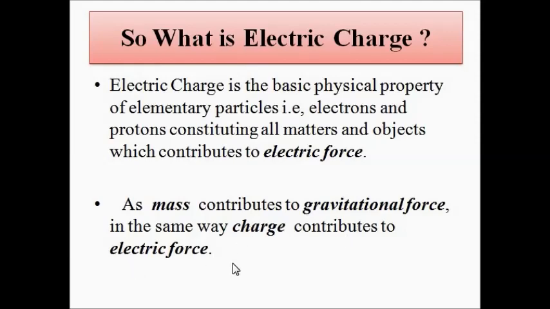We have already discussed that electrons carry a negative charge and protons carry a positive charge, so there is always an electric force between them. The mass plays the same role in the field of mechanics as charge does in the field of electricity. They're analogous quantities. Mass contributes to gravitational force, charge contributes to electric force.